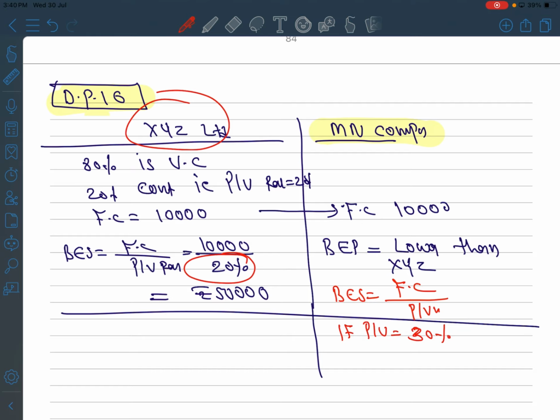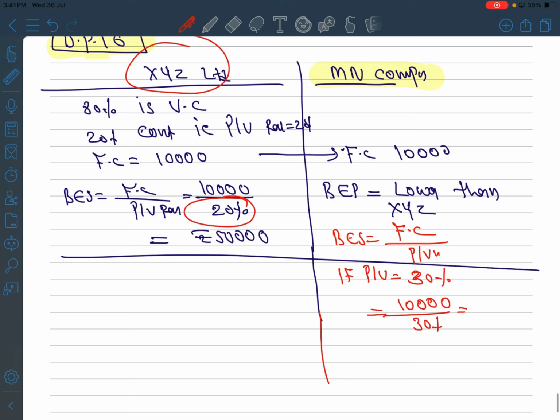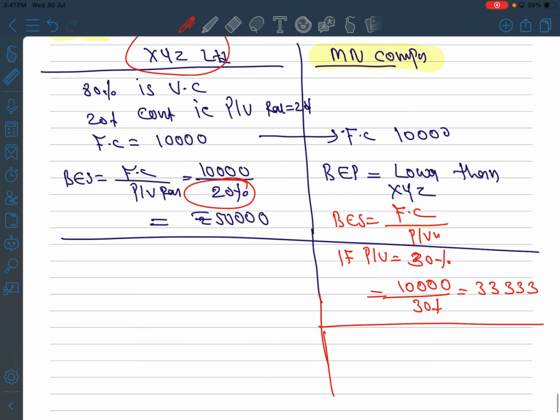Then what will happen? Fixed cost divided by PV ratio: BEP will be 10,000 divided by 30%. What will come? 33,333 something. Clear? Then if PV ratio here is 30%, what is the criterion? Here it is 20.